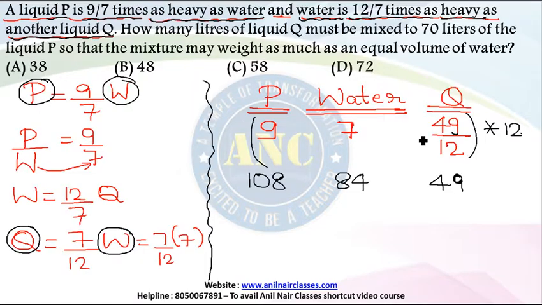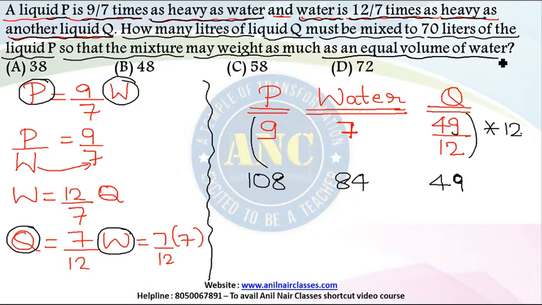Read the next statement, sir. We have not completed our entire question. How many liters of liquid Q must be mixed to 70 liters of liquid P so that the mixture may weigh as much as an equal volume of water?